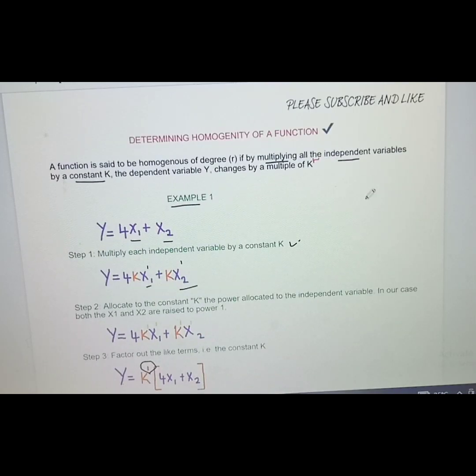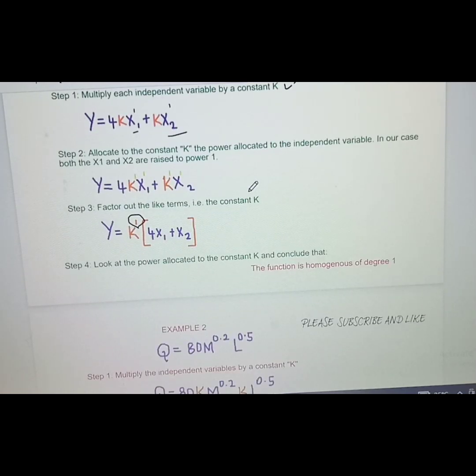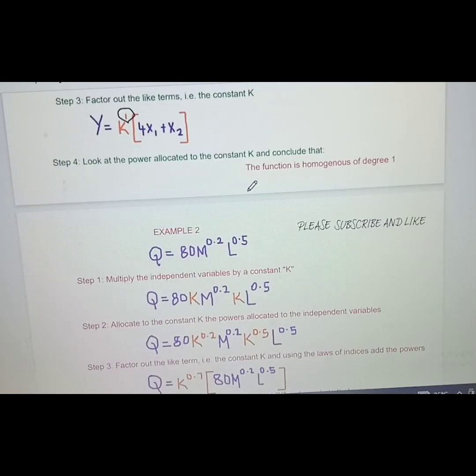That is the reason why we're saying that when you multiply all the independent variables by a constant k, the dependent variable will change by a multiple of k to power r. So you have to look at the power allocated to the constant k, and that will give you the degree, the homogeneity of that function.